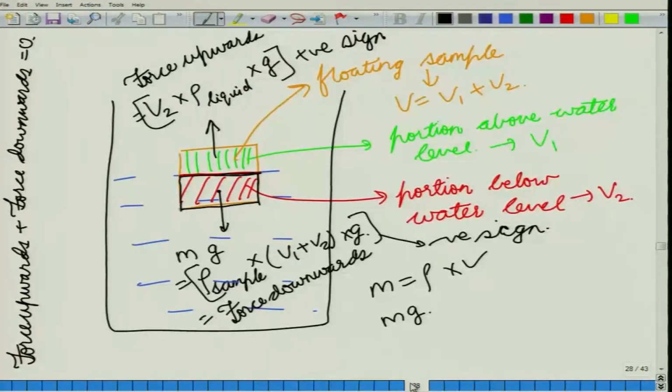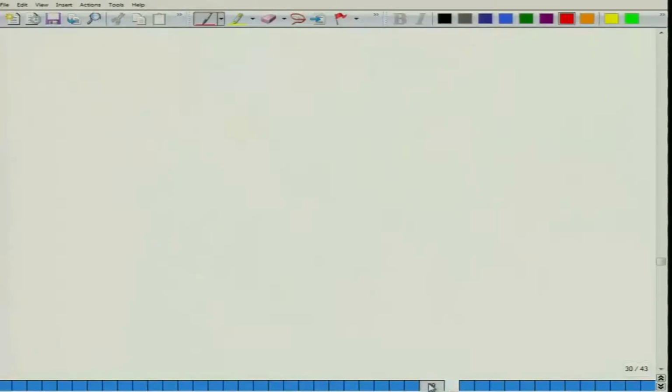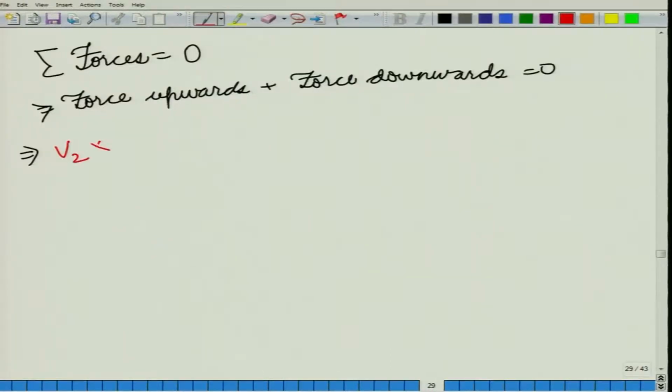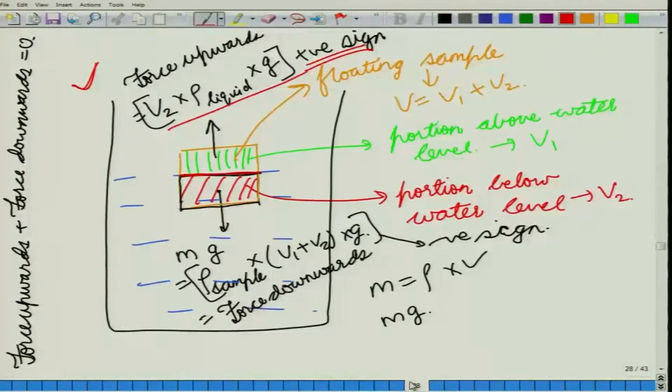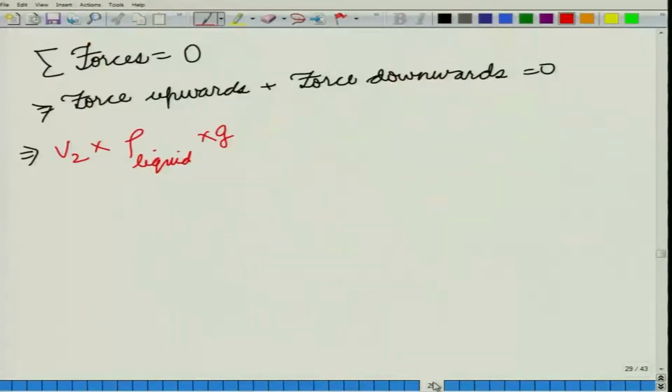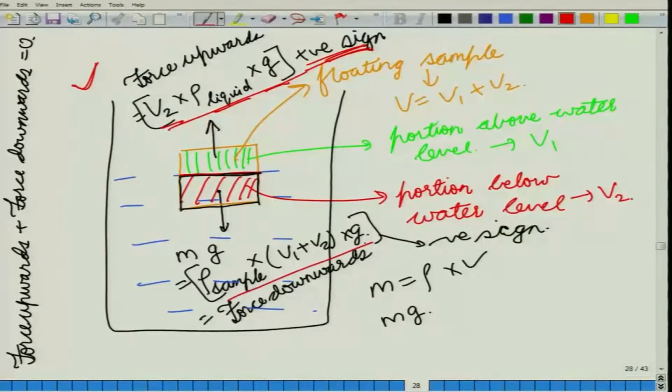What does that mean? How much is the force upwards? Now force upwards is given by this equation with a positive sign. So let us take this portion. So it is V2 into rho of liquid into G, with a positive sign. And this portion has a negative sign.